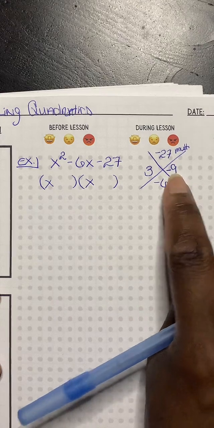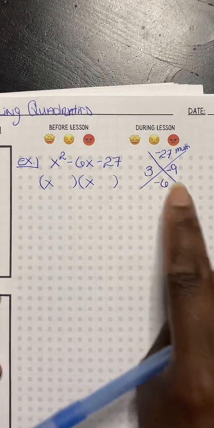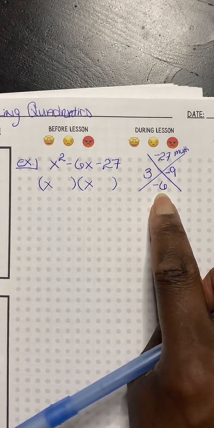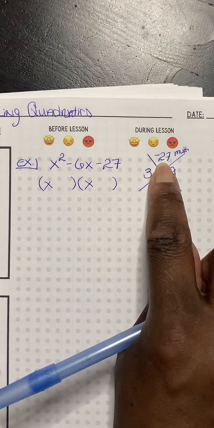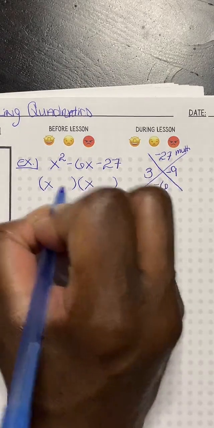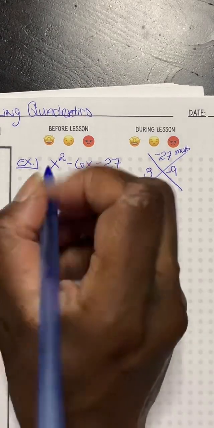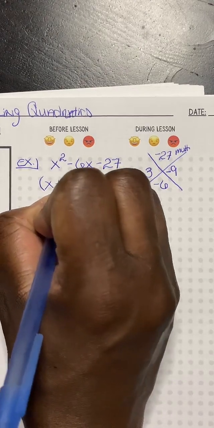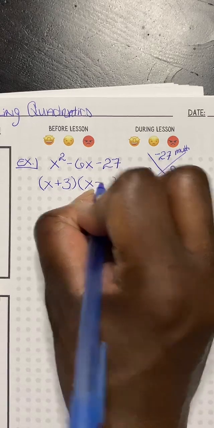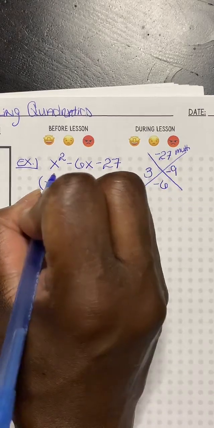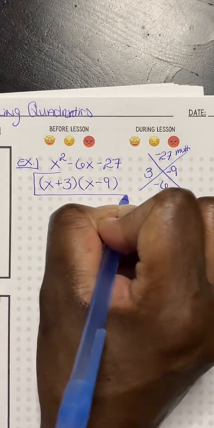Because negative 9 plus 3 gives me a negative 6. Negative 9 times 3 gives me a negative 27. So since this is a positive 3, we go plus 3. And since this is a negative 9, we say minus 9. And that is factored.